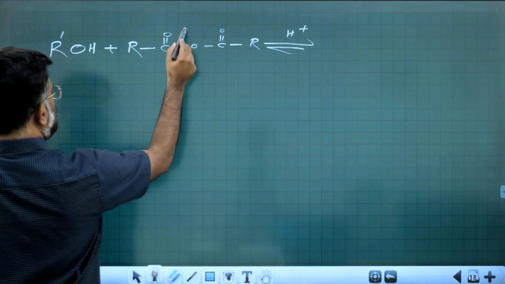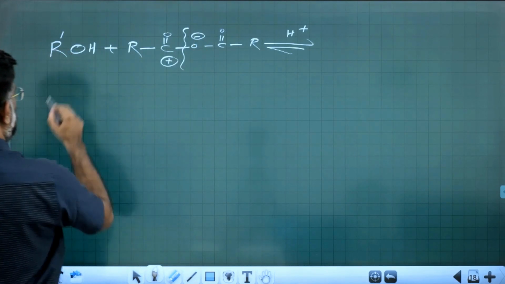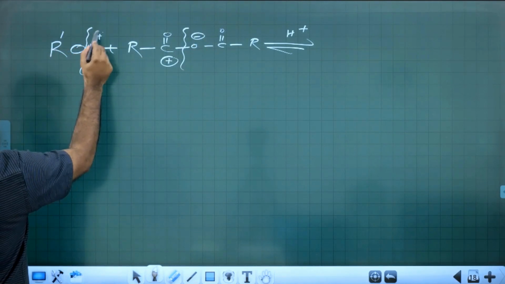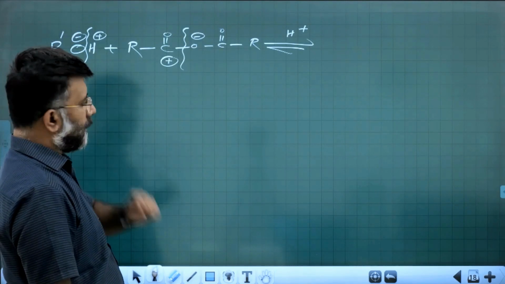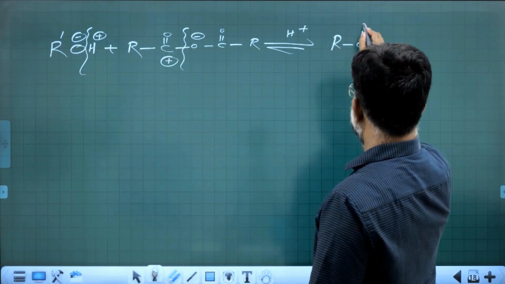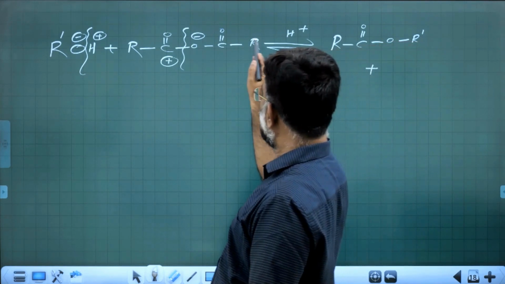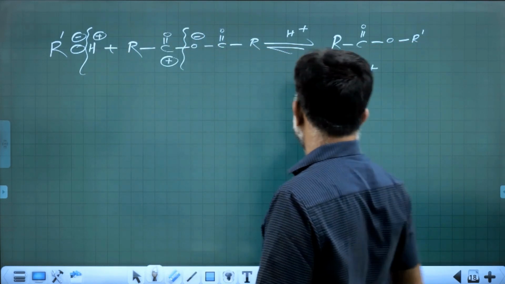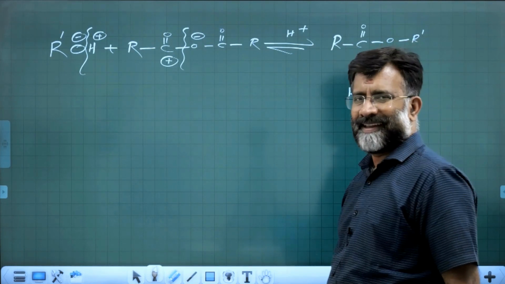Just imagine it's breaking over here. This is minus and this is plus. So this RO minus will be interacting here, isn't it? So what you get is RCOOR dash plus RCOOH.